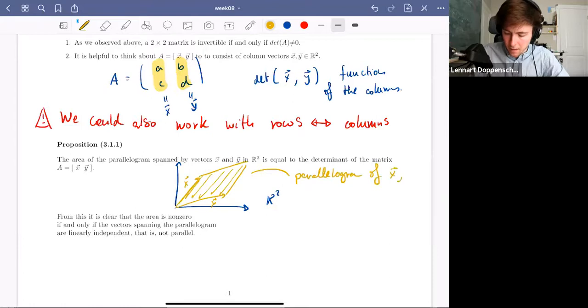So the determinant, and that's the proposition, the determinant of X and Y, of the matrix containing the columns X and Y, is equal to the area of this parallelogram.